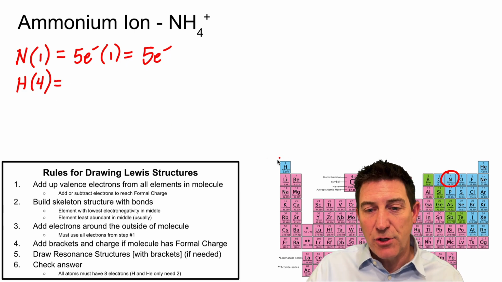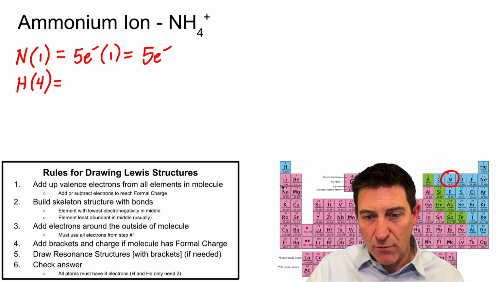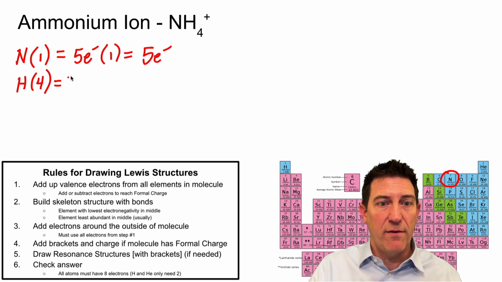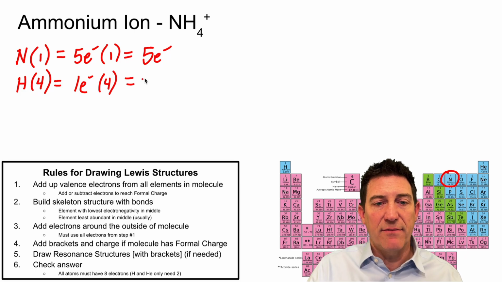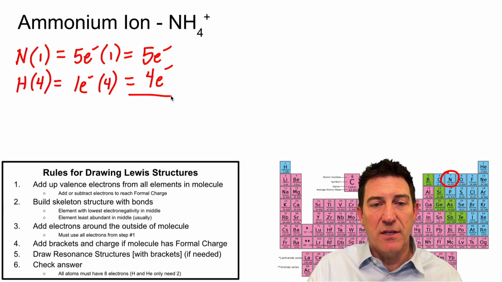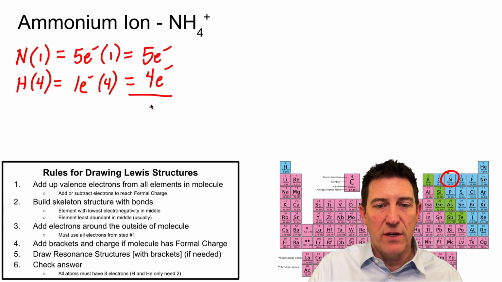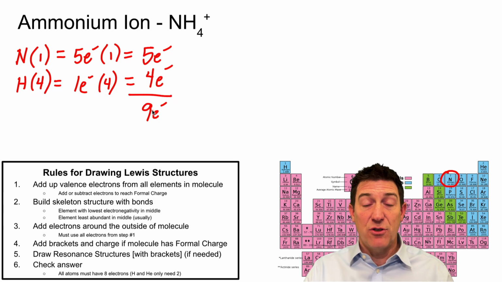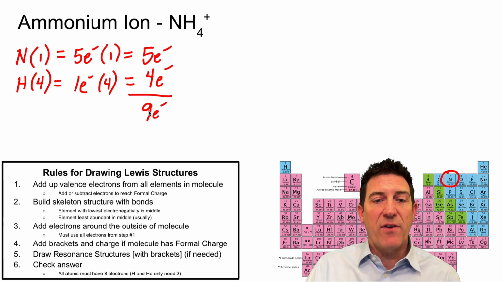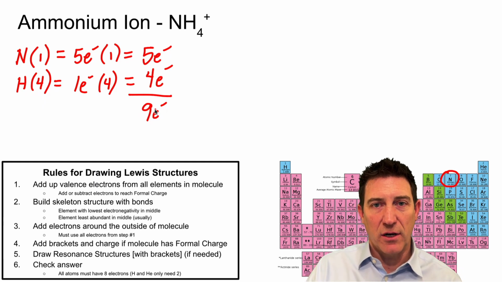We have 4 hydrogens showing up, and each hydrogen is in group 1, which means it has 1 valence electron. But we have 4 of them, right? That gives us 4 valence electrons from the hydrogens. Let's add them up. 5 plus 4 is 9. The e negative is just shorthand for electrons. So I've got 9 electrons to build my structure.